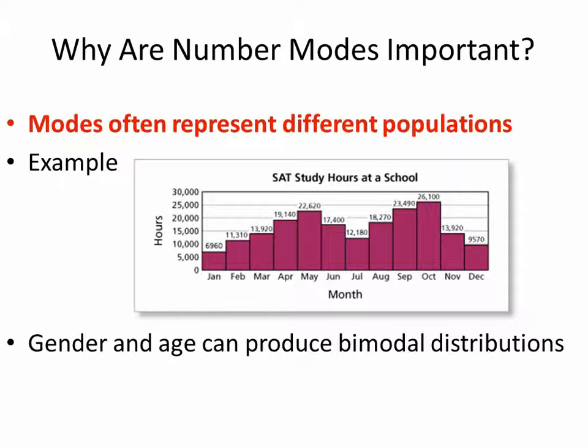So this is kind of a business example. Suppose, for example, you ran a tutoring business, and you want to know where is the peak time that I should be advertising. And so you get this data. This is the number of hours that kids study in school for the SATs. All right? How many humps are there here?